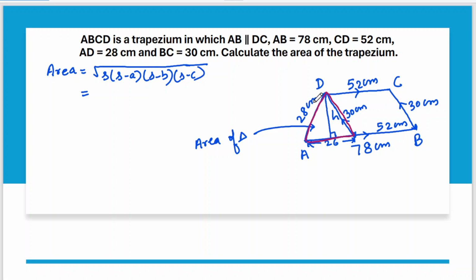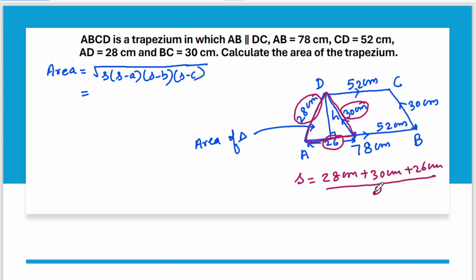The three sides of this triangle are 28 centimeter, 30 centimeter, and 26 centimeter. For finding the area, we need the semi-perimeter. S is half of the perimeter, that is 28 plus 30 plus 26, divided by 2. After calculation, you will get 42 centimeter.